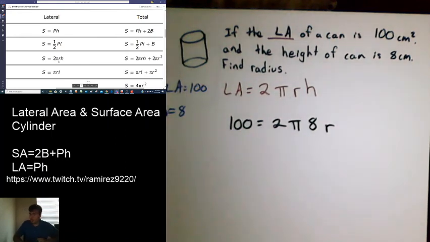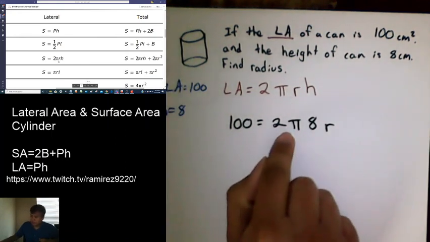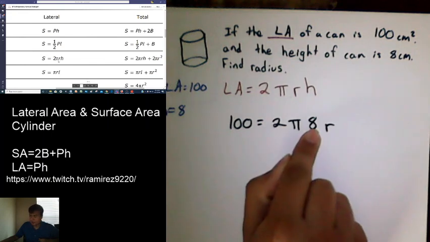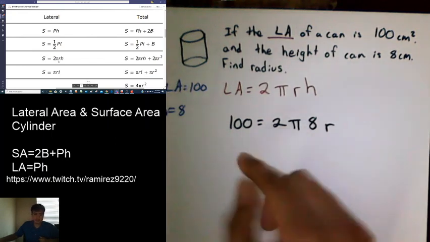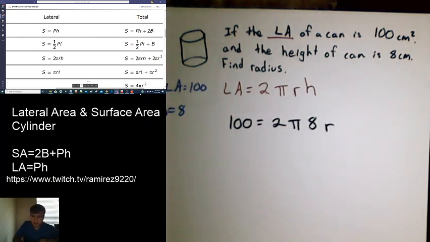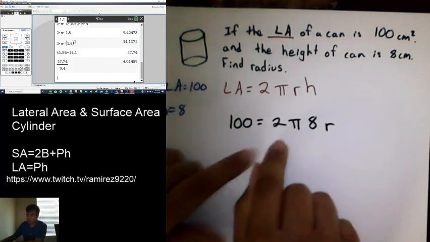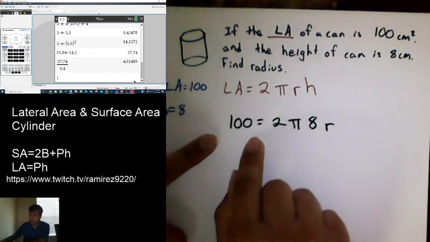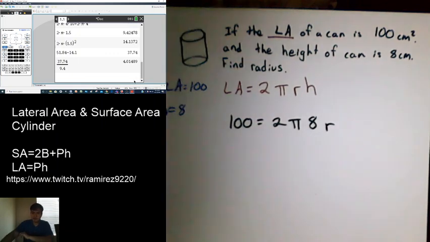So again, I'm going to do the same thing, guys. I'm going to multiply these together and then ultimately divide. If you just follow the algebra, it's literally divide everything by 2 pi 8 and that's your r. But for those of you that don't have a calculator that makes it user-friendly to do that, I would recommend to multiply to see what you get.